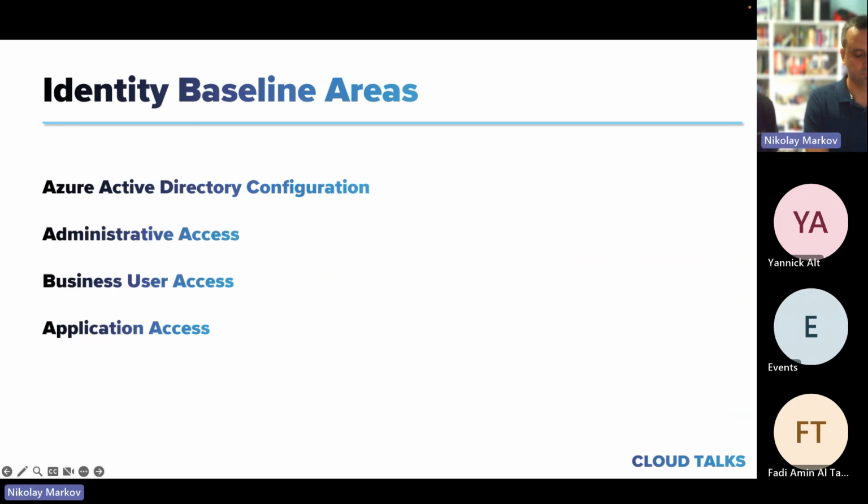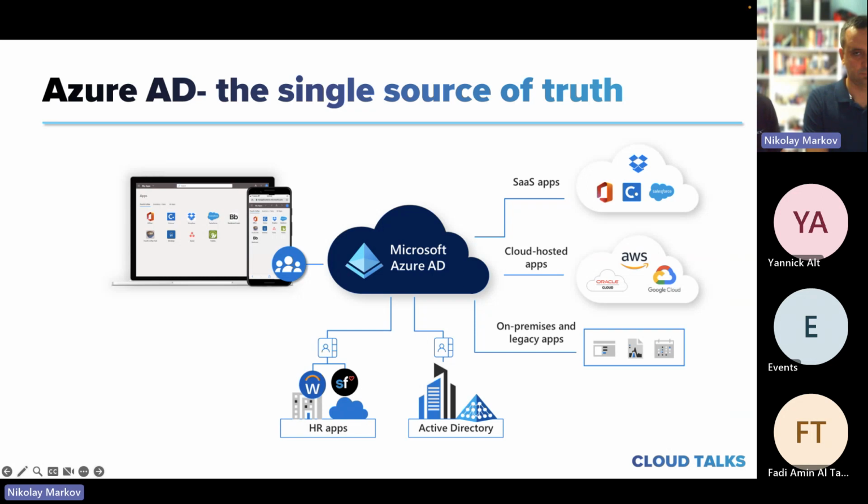Starting with Azure AD, as we mentioned multiple times, we can consider it a single source of truth, even though, just before the session started, Nikki Panchev mentioned that could, of course, not be the case. But what I've seen is that even organizations which are using other clouds are leveraging Azure AD as their main identity provider.